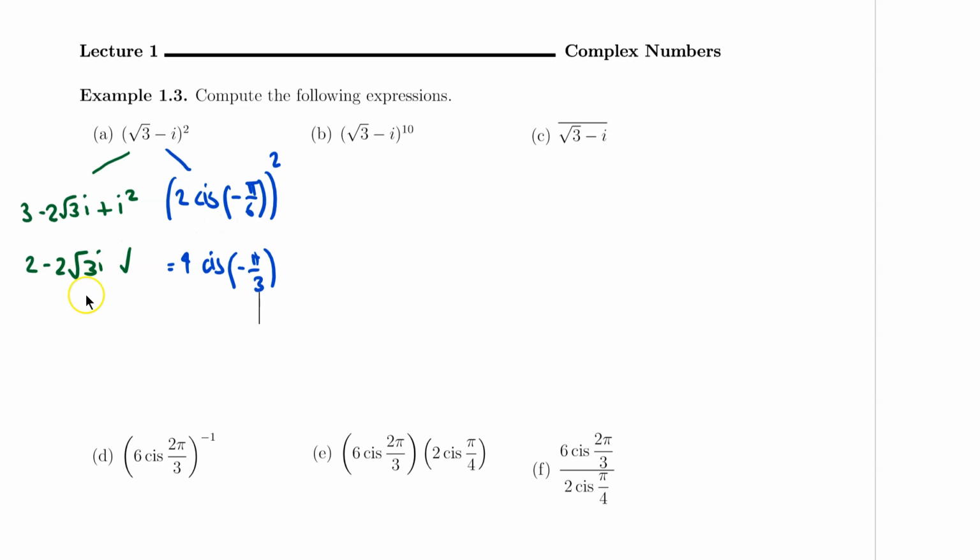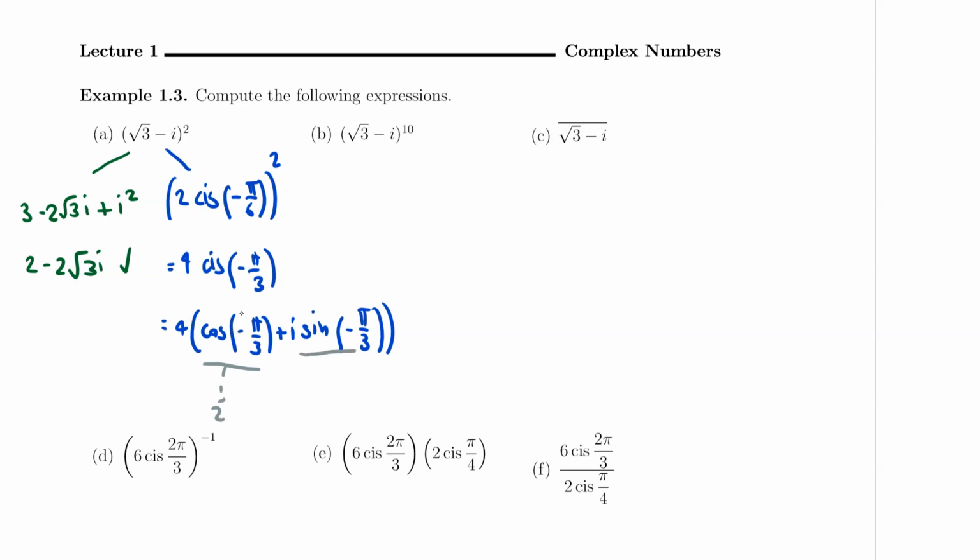Now, how do I check if this is the same thing? Well, cis of negative pi over 3 is going to be cosine of negative pi over 3 plus i times sine of negative pi over 3. And we knew that cosine of negative pi over 3 is going to be 1/2.